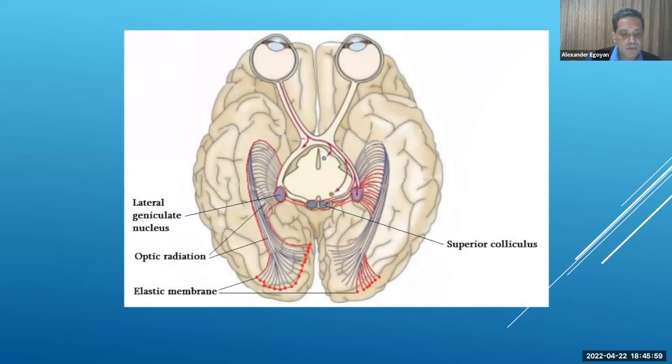This slide shows how the elastic membrane, shown in red, occupies most favorable positions in the brain. It can propagate through the axons of single neurons, as shown on the right, or it can surround groups of neurons, as shown on the left.